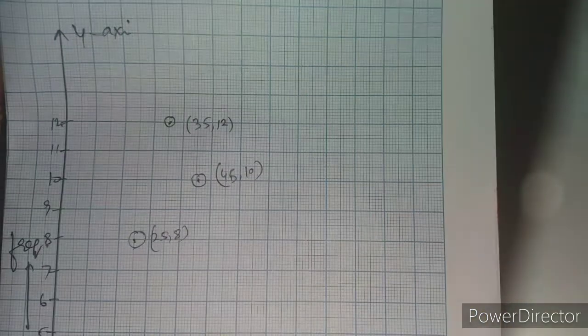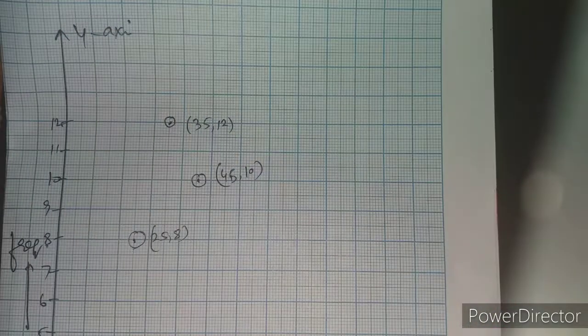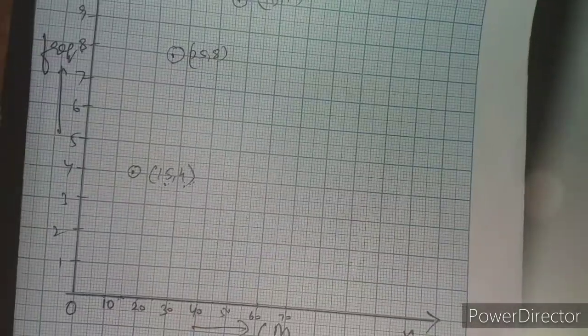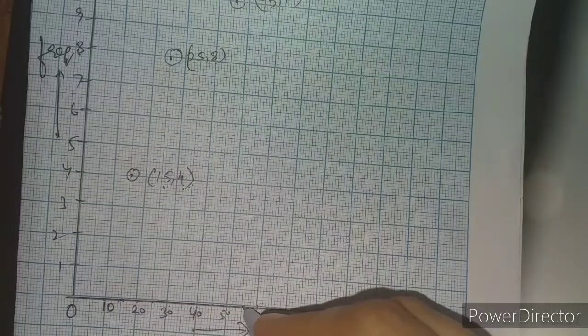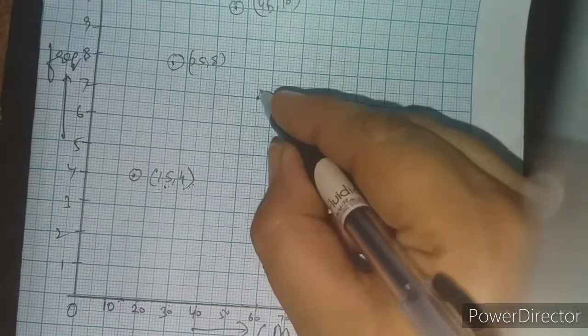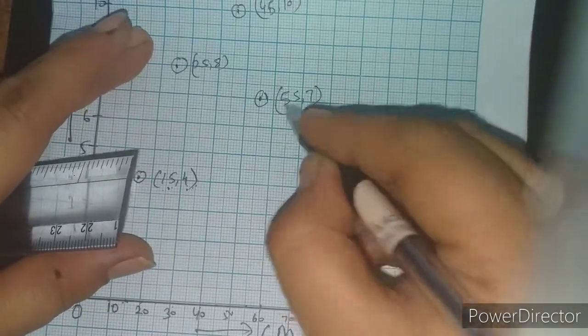Next comes the last one in this category, 55, 7, right? So 55 is from 50 to 60. I will plot 55 here. Against that I have to show 7. So 7 is here, and this point I can write as 55, 7, right?